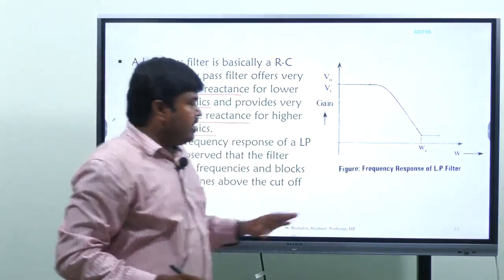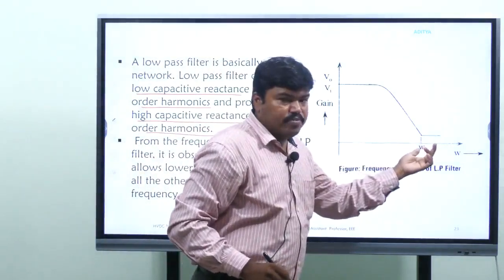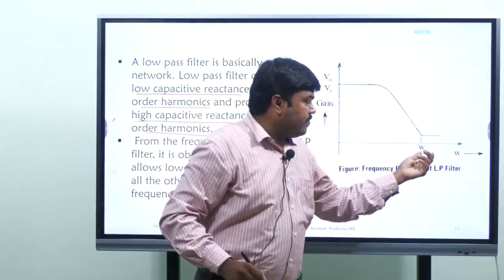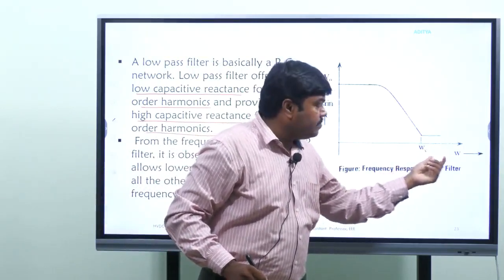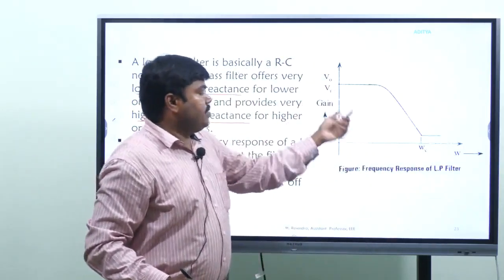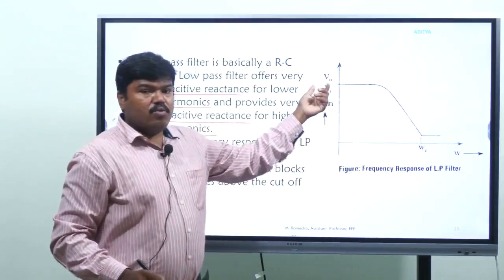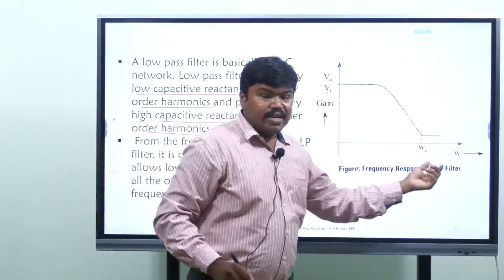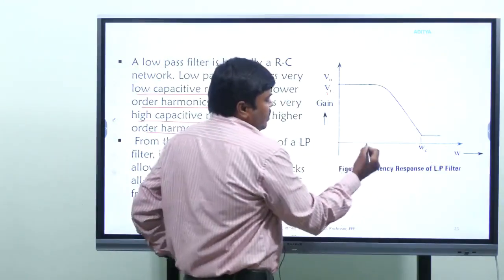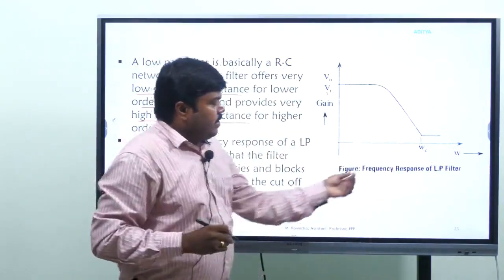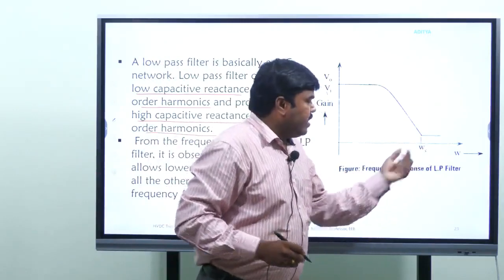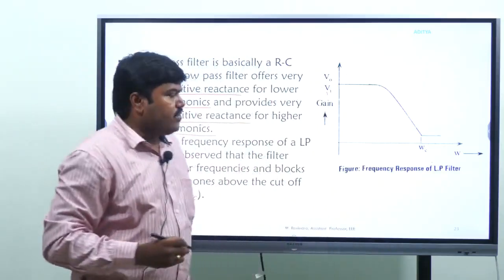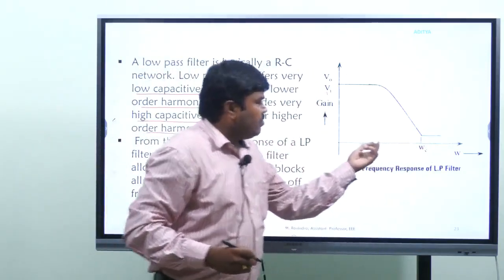That means when you consider this, this is the WC that we observe from the diagram. It is drawn between gain, V0 by V1, and frequency, where WC, represented with omega, is nothing but the cutoff frequency. Now if we observe here, the cutoff frequency is WC. It allows only the lower order frequencies. Below WC it allows to pass through.